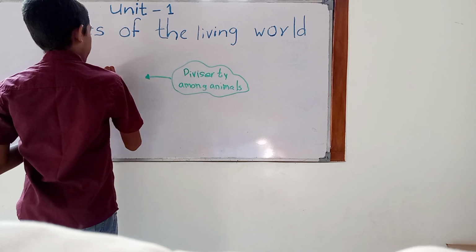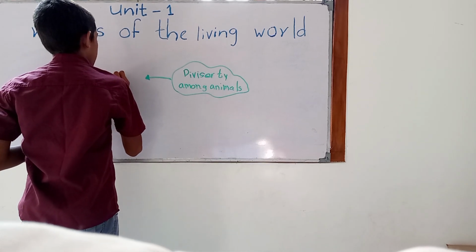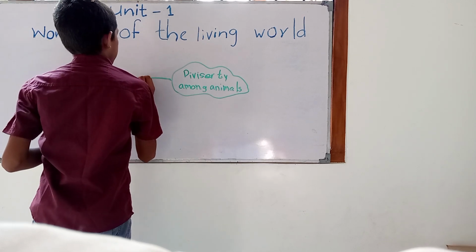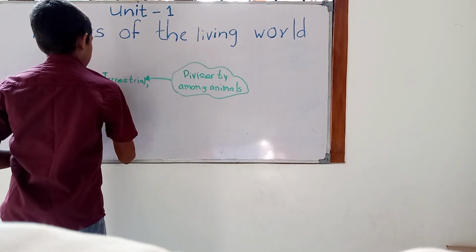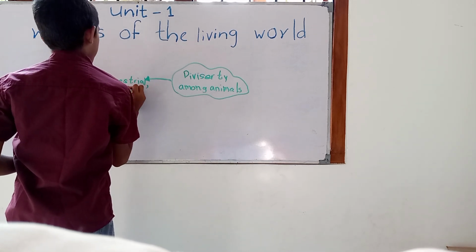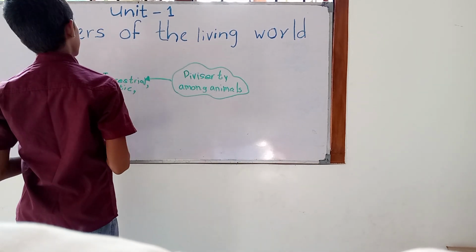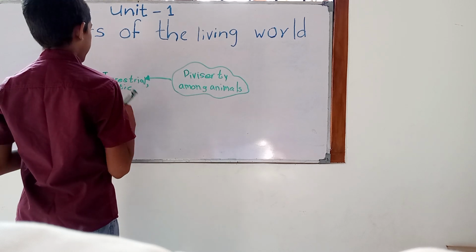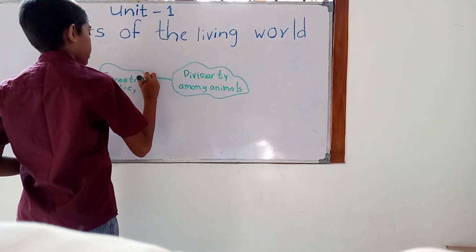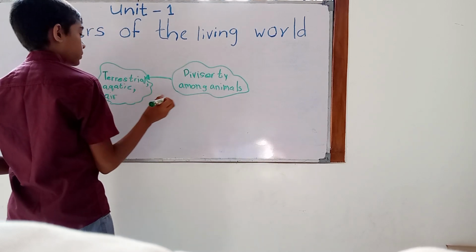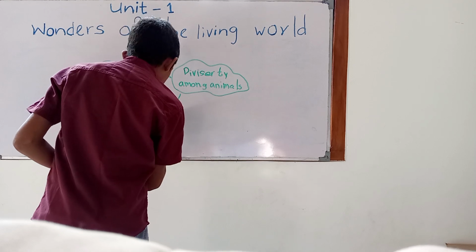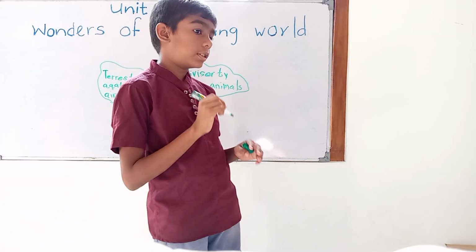Now the habitats for animals are terrestrial, aquatic, and the air. The second one is based on external features.